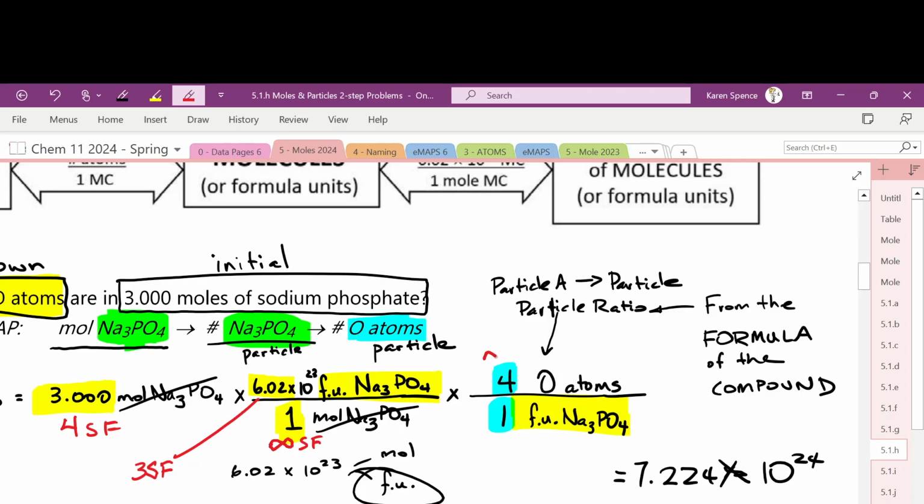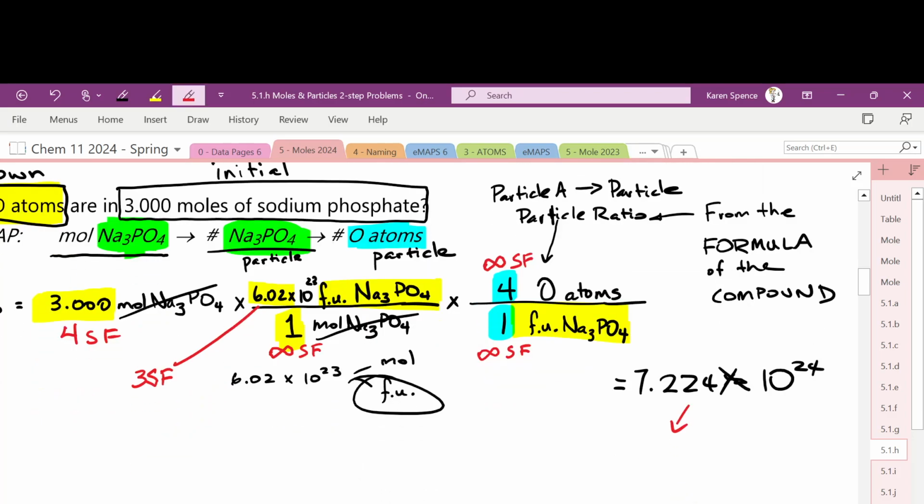No, there are exactly 4 O atoms, therefore it has infinite sig figs, and that's in exactly 1 formula unit, so there are infinite sig figs. So our answer should have 3 sig figs, 7.22 times 10 to the 24, and I'm done, right? No. Not just atoms, but O atoms. So don't forget your unit at the end also.